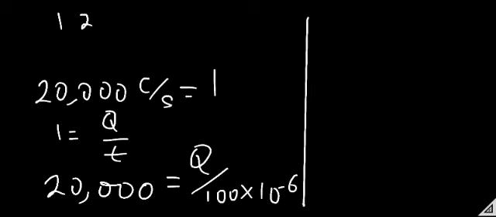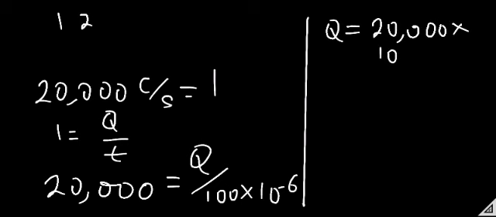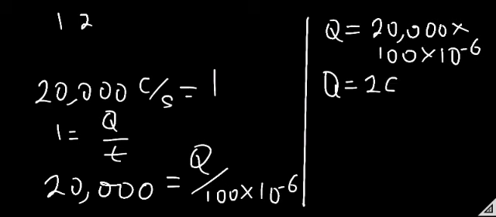So if we make Q the subject of formula, Q becomes 20,000 times 100 times 10 raised to power minus 6. And if you press your calculator, or solve it using simple mathematics, we have Q equal to 2 coulombs. That's the answer.